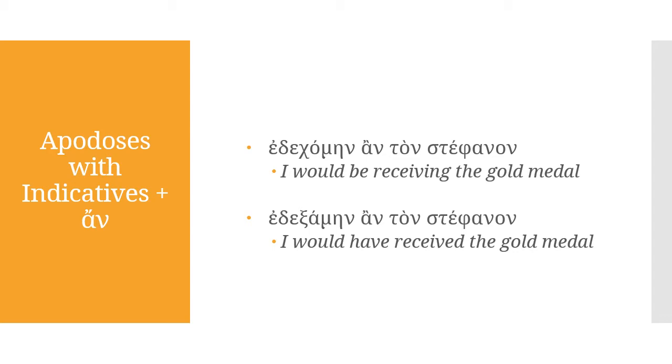We can understand a bit of an ellipsis here. I would be receiving the gold medal if I were running today. But I'm not running today, therefore I'm not receiving the gold medal. Or I would have received the gold medal, edexamen an ton Stephanon. I would have received the gold medal, except that I broke my leg before the race. Something has made it not the case that this is true.